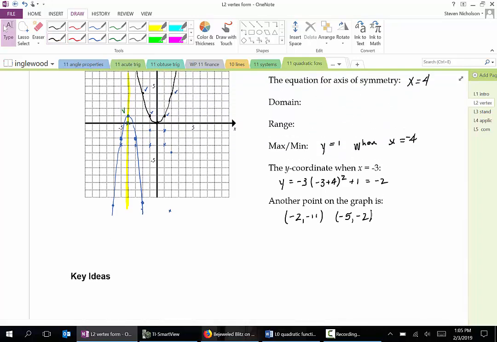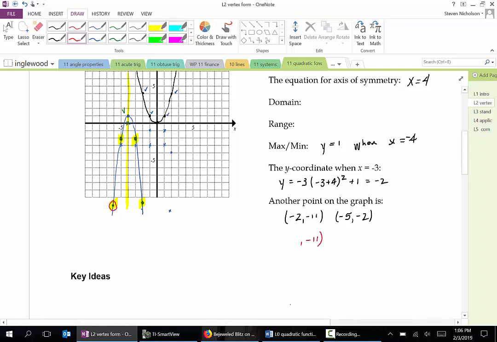So again, -3, 2 is right here, and -5, 2 is right here. We should be able to find one of them if we know the other one. This one down here, we'd have to find, but given that you have that one, you should be able to figure out that one. So this point over here, it's highlighted in red. Well, what do I know?